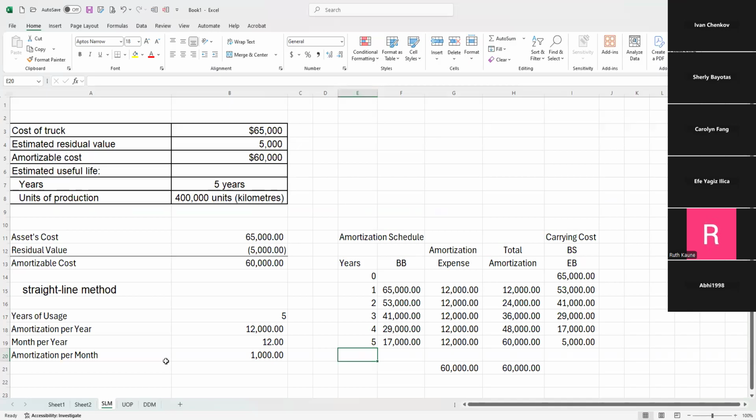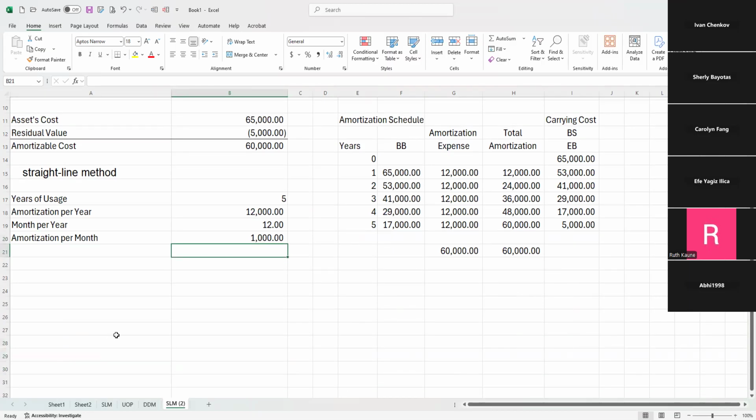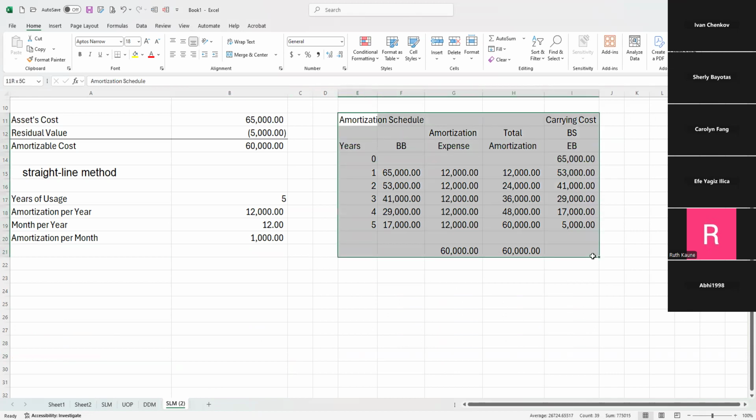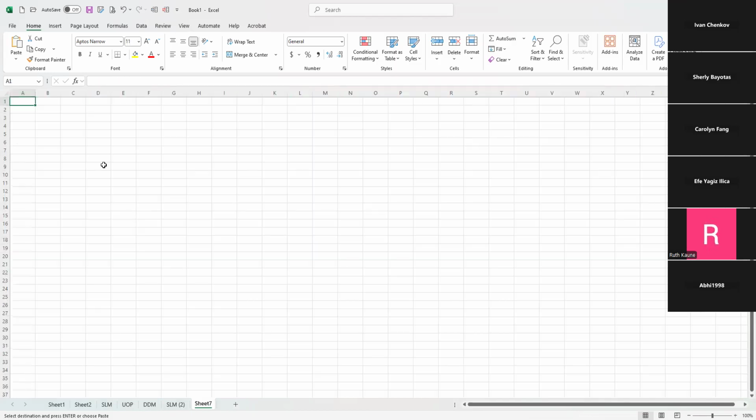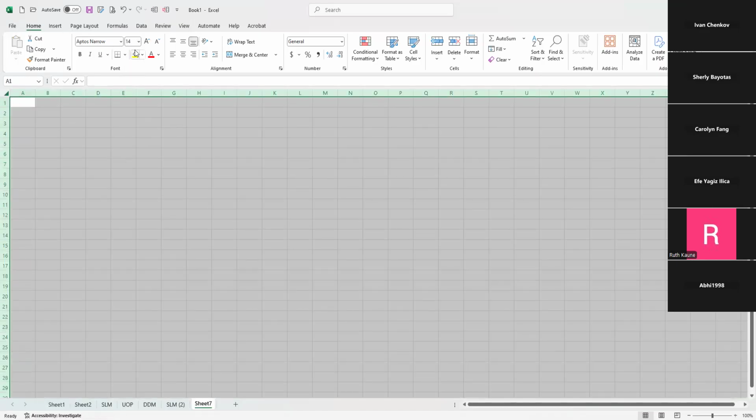Let's go with the straight line method as an example. You purchase the asset. Can I use this or can I use something else? I'm going to use this schedule only, and then flip to a completely new worksheet, because I need the worksheet the way it is rather than doing so many adjustments.